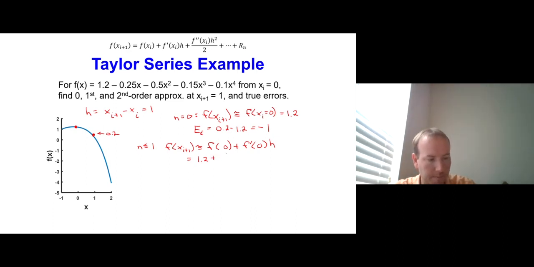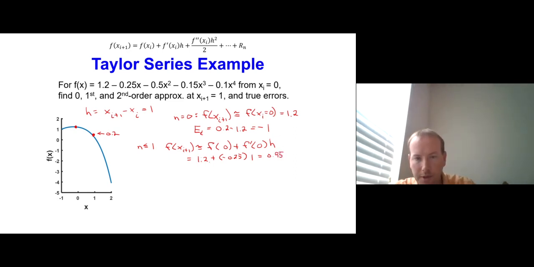And then f prime is, we'd look at the first derivative of this fourth order polynomial, and you see when you evaluate that at x equals 0, the only term left is negative 0.25. Okay, and then multiplied by our step size of 1, so we get 0.95.